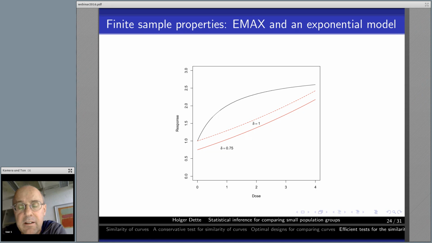If delta is smaller, for example 0.75, the curves would be considered as not so similar, but if you shift delta more upwards, delta is 1, we would consider the curves as more similar. They are never precisely the same. We only want to see if the maximum difference between the curves is not too large.